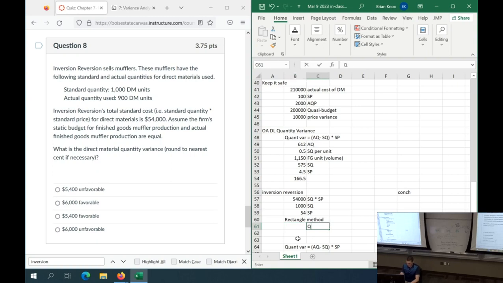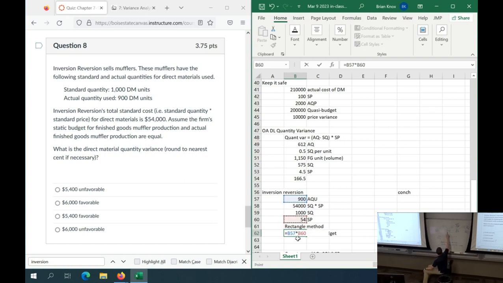The quasi-budget rectangle uses the other data point we have: 900 is our actual quantity used. Our quasi-budget is going to be that 900 times the standard price. That's what it says. Actual quantity times standard price. And in direct materials, the price variance has actuals over here.